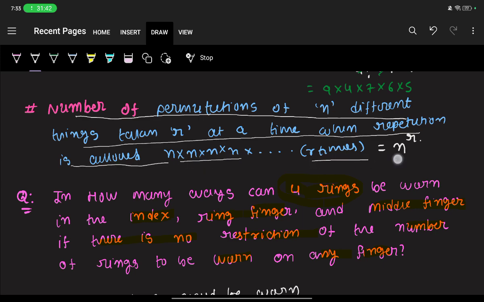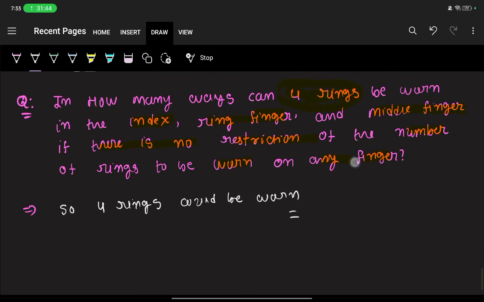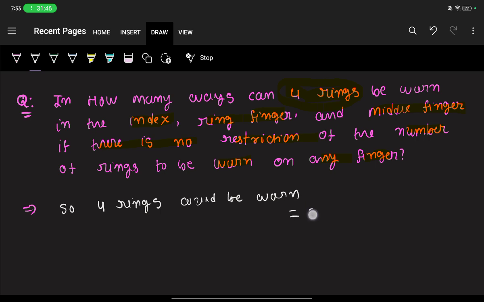That means basically n raised to r, right? So here you can write 3 multiplied by 3 multiplied by 3 multiplied by 3, right? Because r things are there. r things means 4 things. That means 3 raised to 4. That is our answer. Understood? Yes, sir.